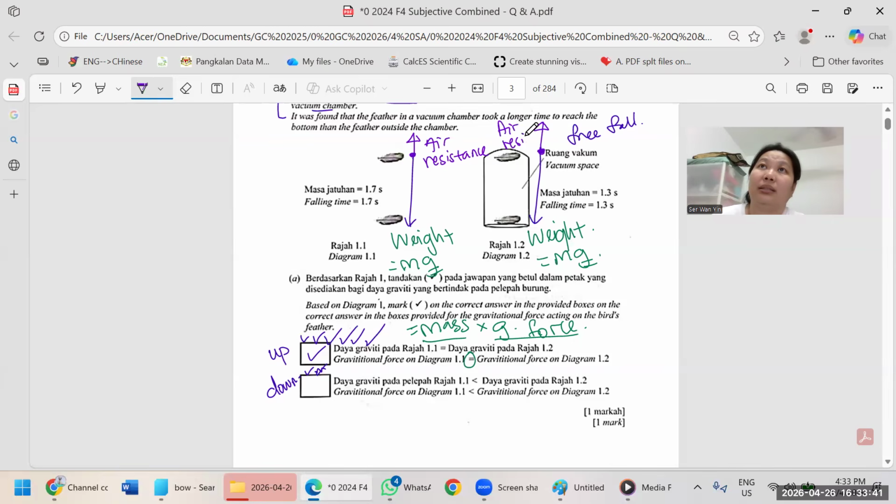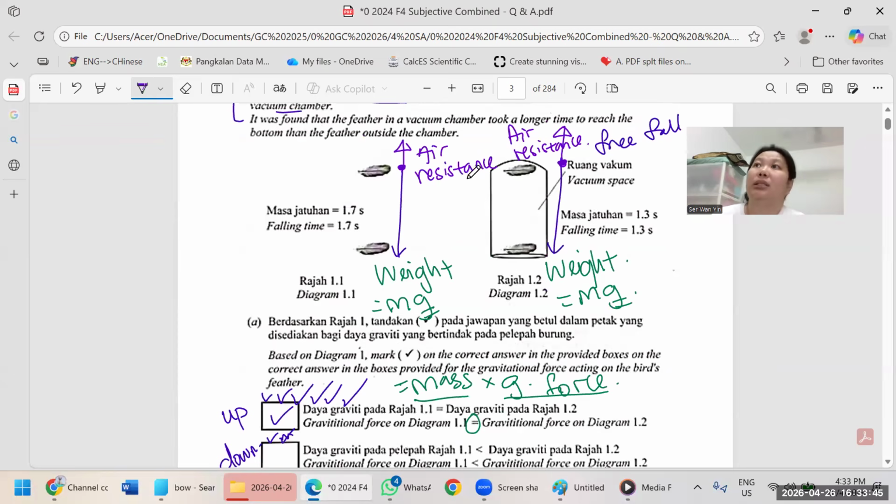Air resistance. Both of them are forces. They should say air resistance force or weight force, but they didn't tell that, so confusing.